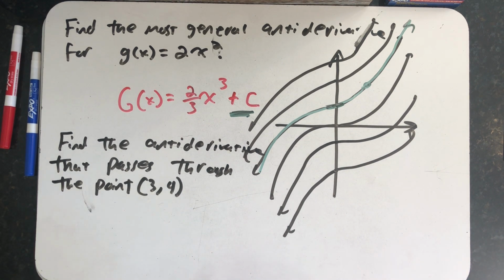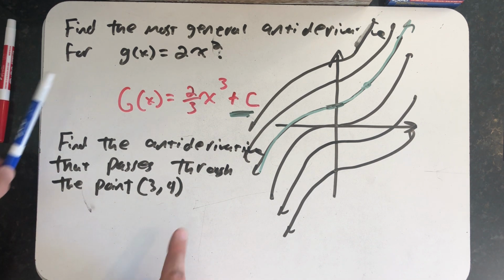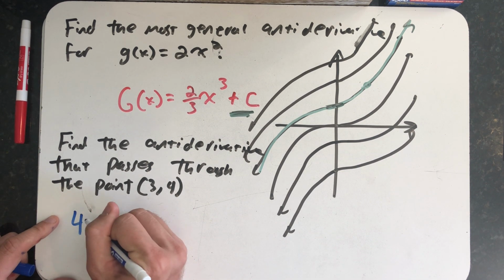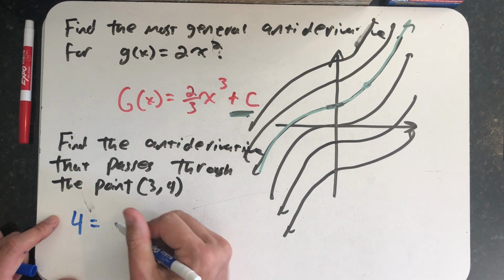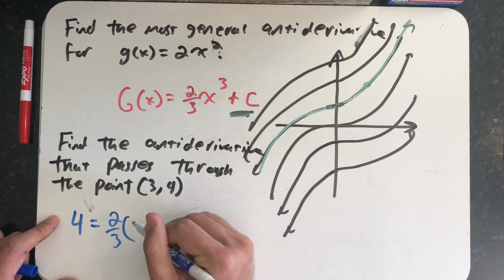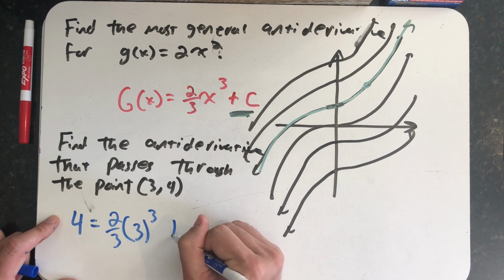So let's see if we can find that value of c. I have an x and a y. So if I plug in x for x and y for y, I should get a true statement. So when x is 3, g of x is supposed to be 4. And then 2/3 times 3 to the third plus c.